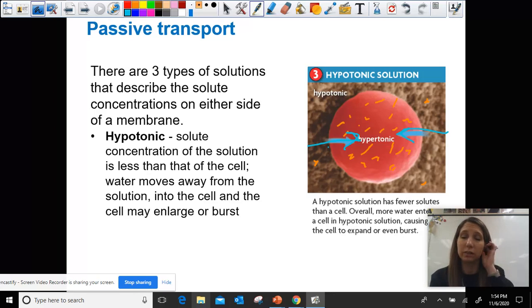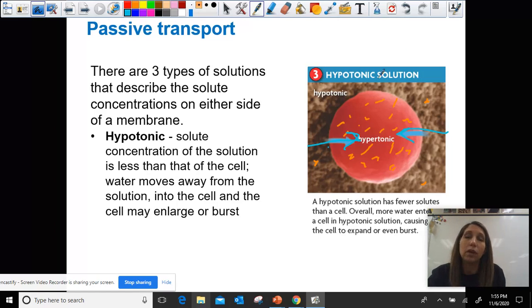So regardless of which one is given to you, assume that the opposite is true of whatever it's being compared to. And of course, if it's isotonic, that's like saying student A and student B are the same height, right? You don't have to use that word more than once to imply that they are the exact same and they're equal. That's the same that you get here. If something's isotonic, then the other is also isotonic.